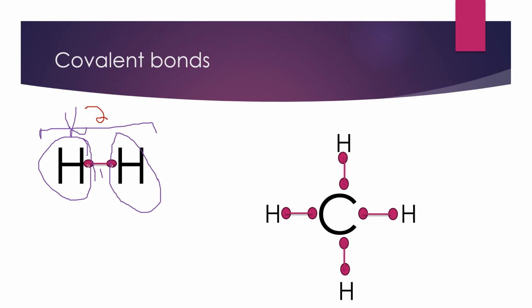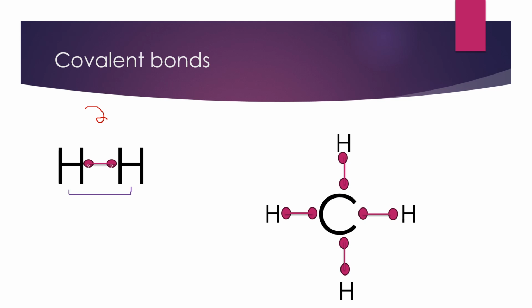Now here will be a mutual sharing, like they will be bonded to each other, connected to each other, in the form of a line, but they will not completely dissolve in each other, but still they will become bonded. As I told you, to see the valency, we will look at the pairs.